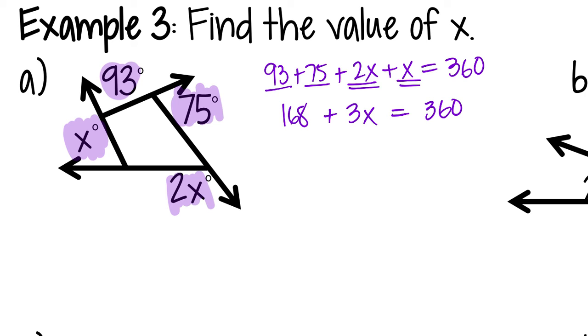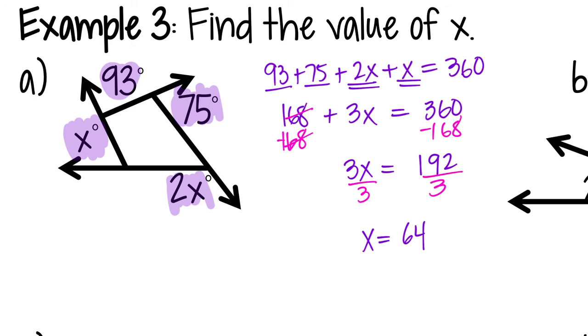Now let's subtract 168 from both sides. So now I have 3x equals 192. Last, I would divide by 3. So x is equal to 64.